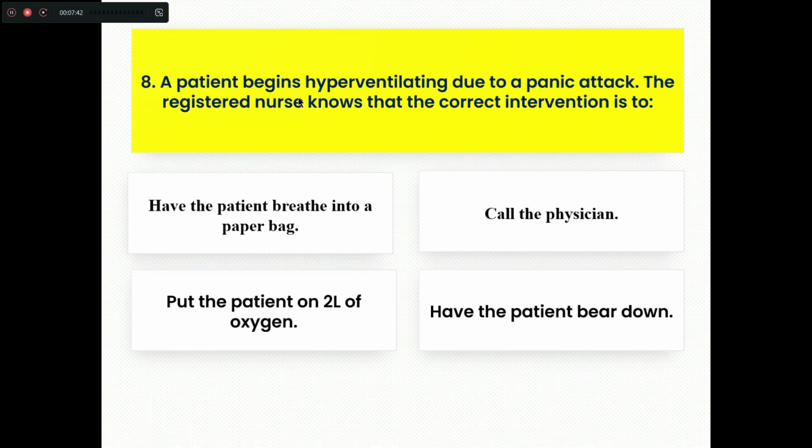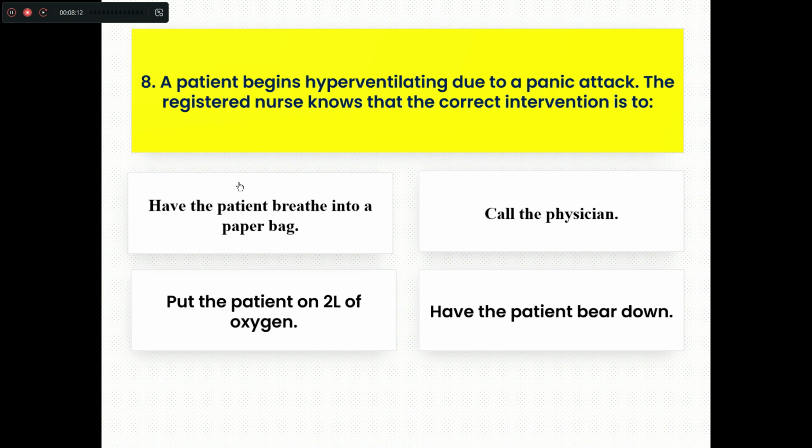Question 8. A patient begins hyperventilating due to panic attack. The registered nurse knows that the correct intervention is to option A, have the patient breathe into a paper bag. Option B, call the physician. Option C, put the patient on 2 liters of oxygen. Option D, have the patient.